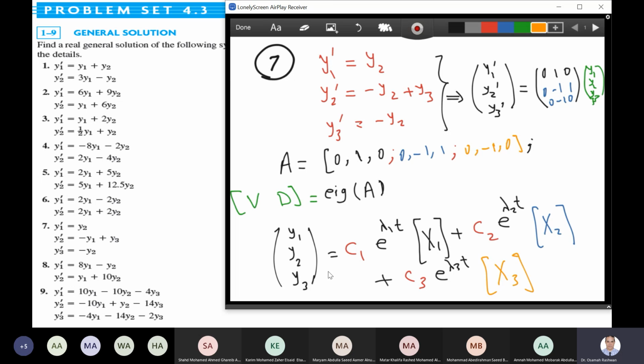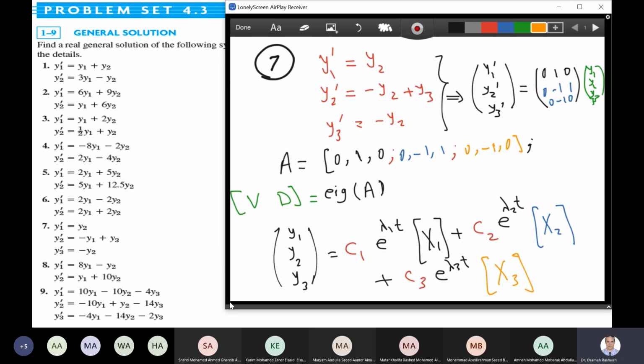Why do I have three constants here? Because I have a system of three differential equations, right? And also I have three dependent variables. This is the main point. I have three dependent variables. This is why I have three constants.